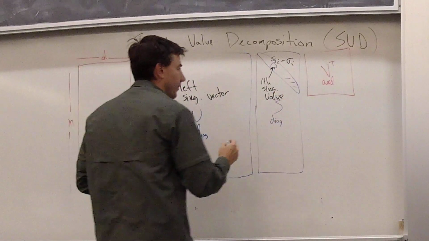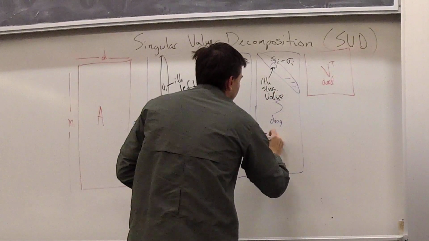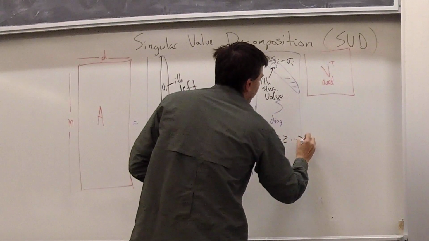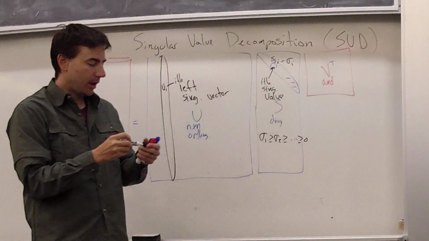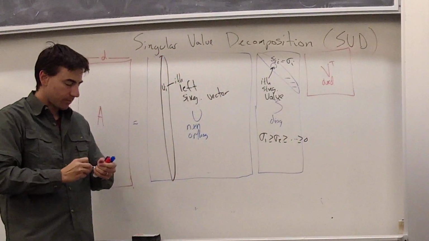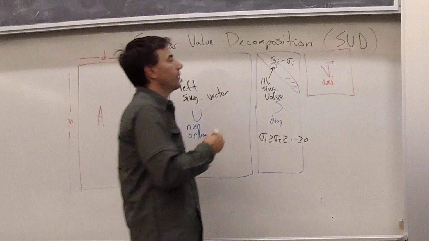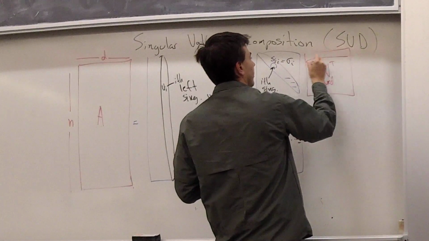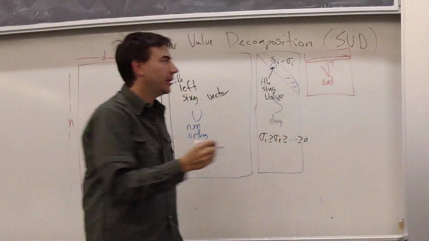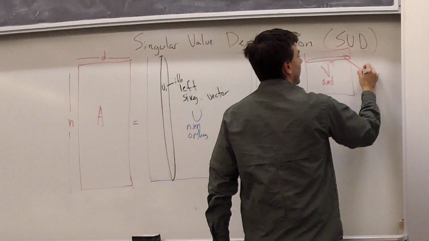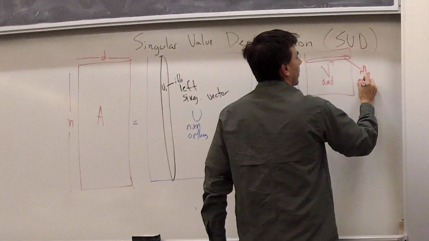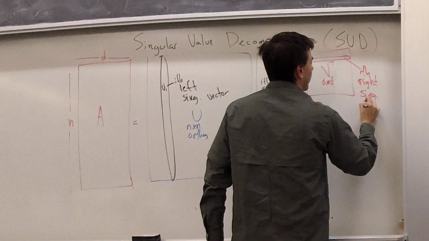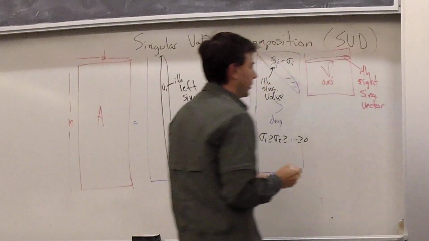And these have the property that sigma_1 is greater or equal to sigma_2, and they're going to be greater or equal to 0. And then the row of V transpose, this is the column of V, is going to be the ith right singular vector. Okay?